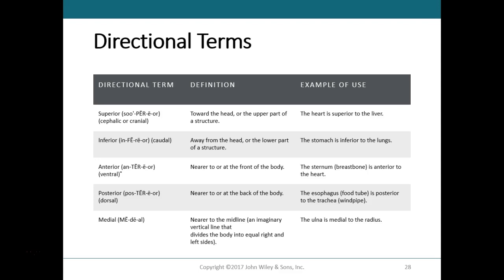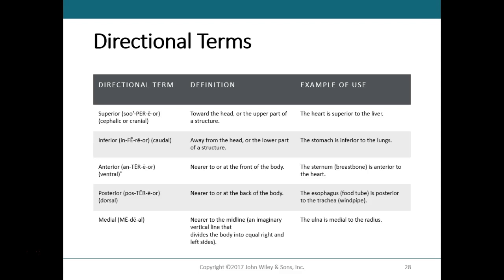Find some good pictures so that as you read the heart is superior to the liver, you can look at an image that shows the heart's location in relation to the liver. Inferior, the lower part of a structure or away from the head. The stomach is inferior or below the lungs, but we wouldn't use below because that's not a term used in correct anatomical position.